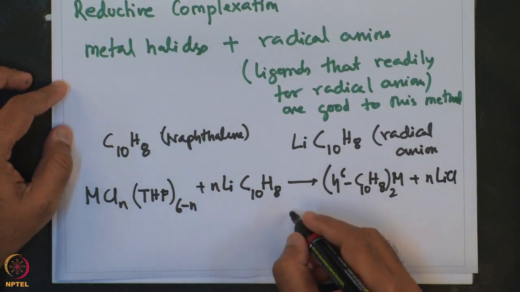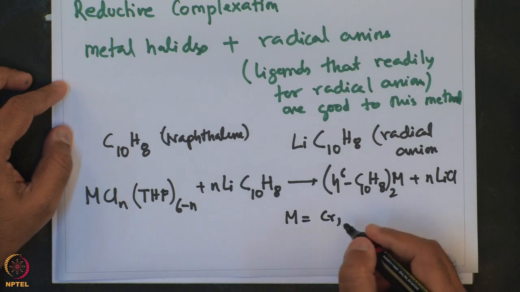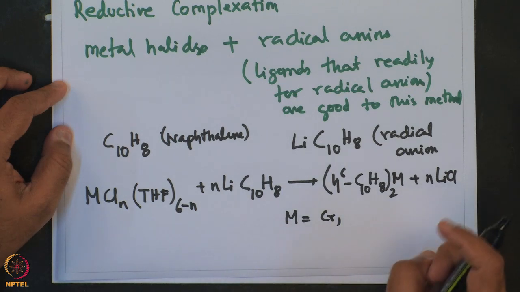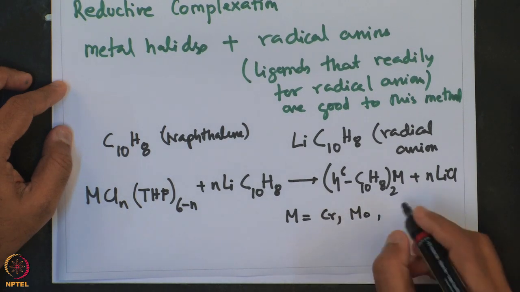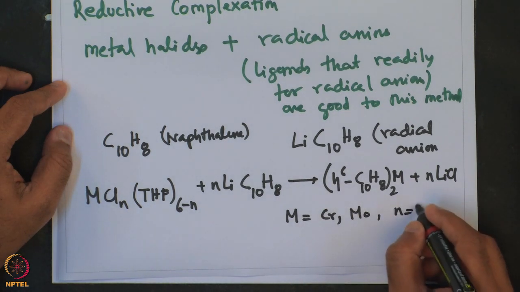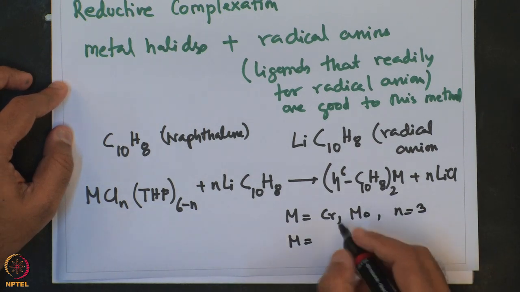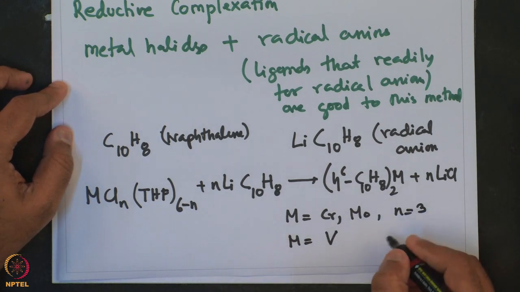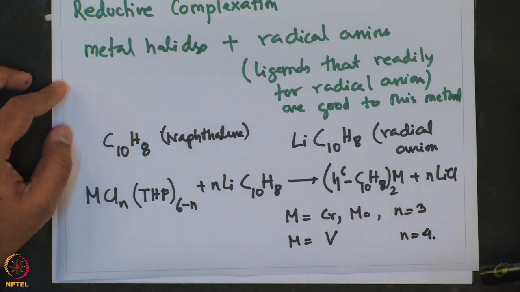Now, this is quite a common method for chromium, molybdenum, and N equals 3, and for vanadium for N equals 4.